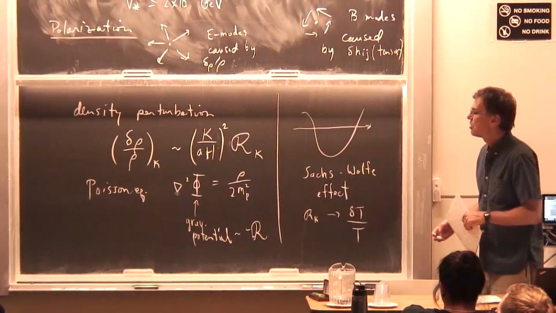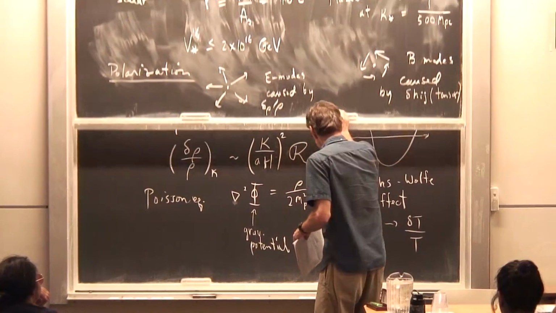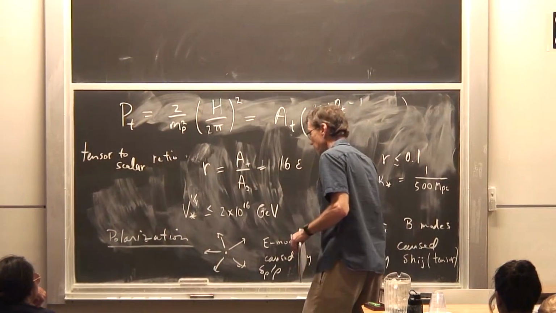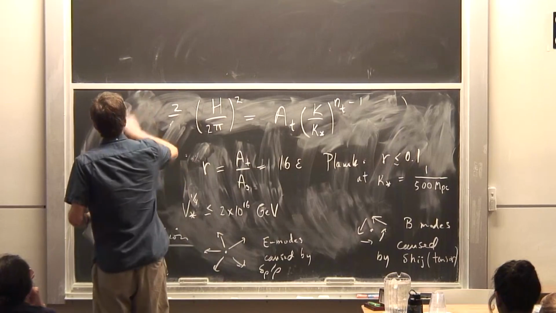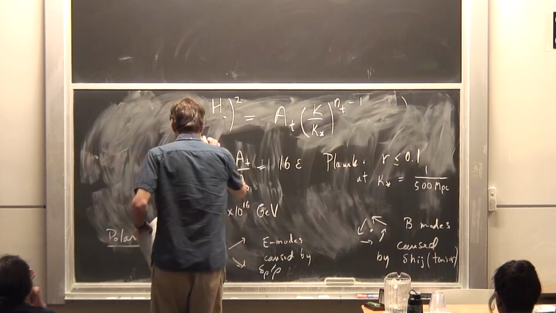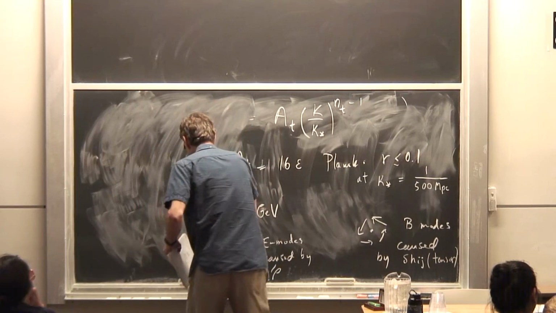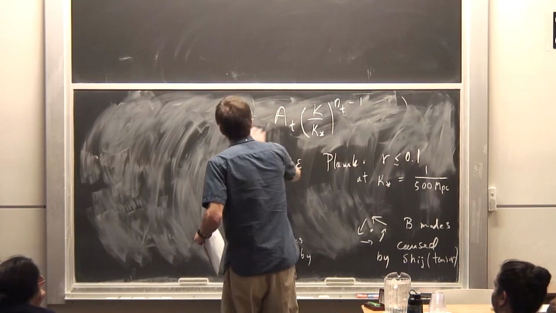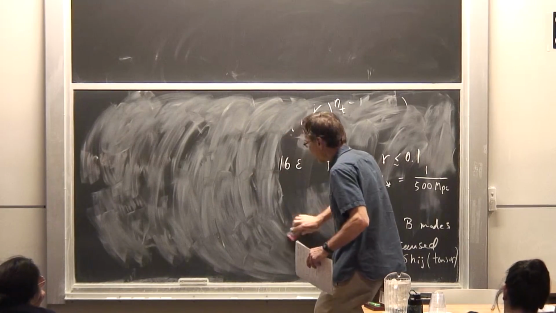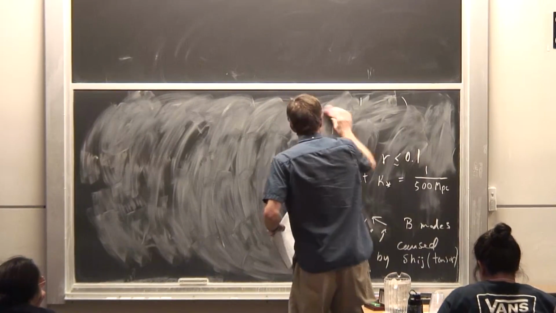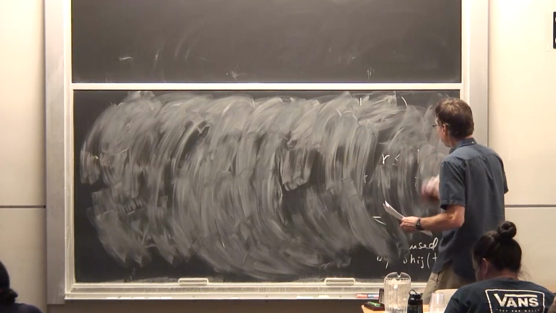So what I'd like to do is work through an example which is known as chaotic inflation. It was one of the early models of inflation, well, around the same time as people came up with new inflation.